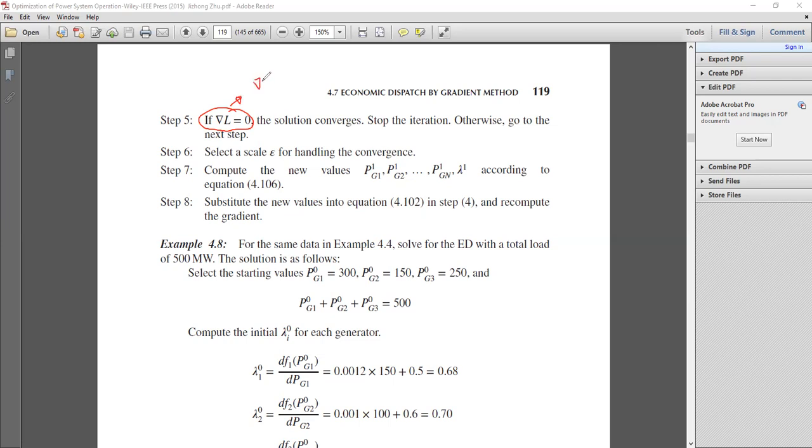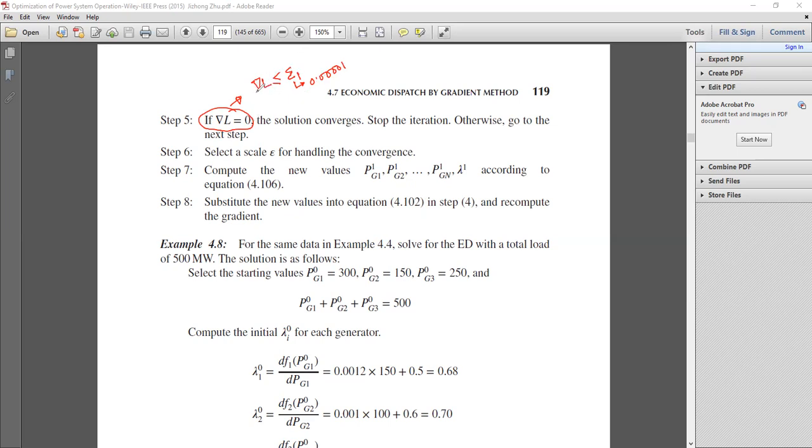We can say that if del L is less than or equal to some epsilon, let's take it as epsilon 1, just to be different from your epsilon of the learning rate or learning parameter. So this epsilon 1 should give you the convergence criterion, and let's take it to be very, very small, or much smaller than this, no problem, but not exactly 0.